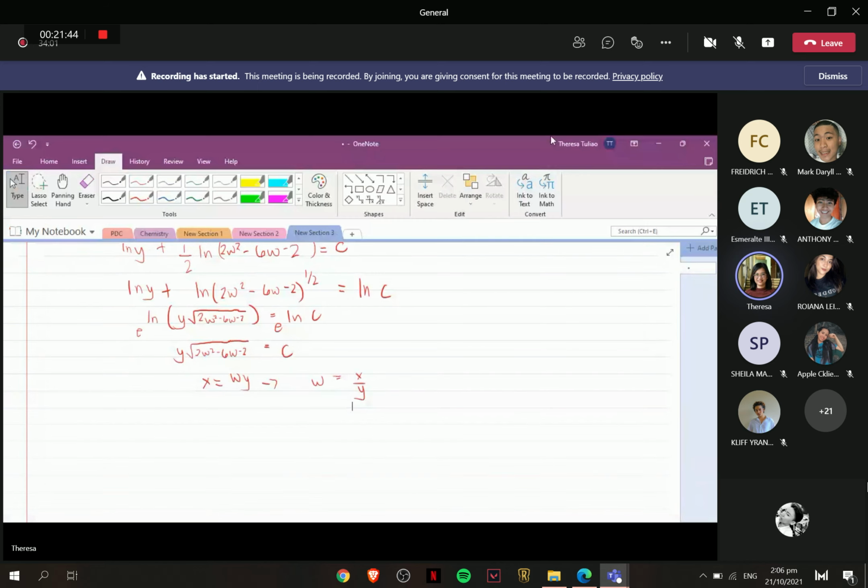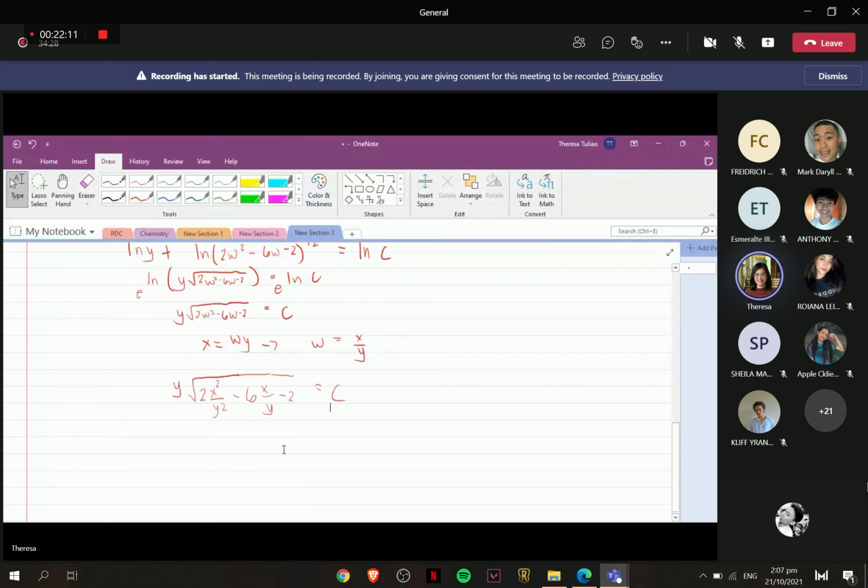So that is y squared of 2, w squared, that is x squared over y squared. Okay. Minus 6, x over y, minus 2 is equal to c. Okay? And then you're just going to simplify that further hanggang sa simplest form niya.